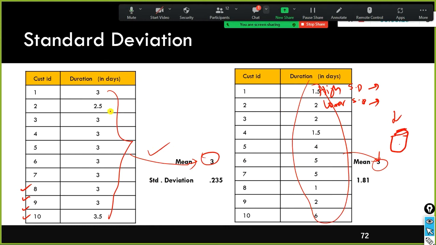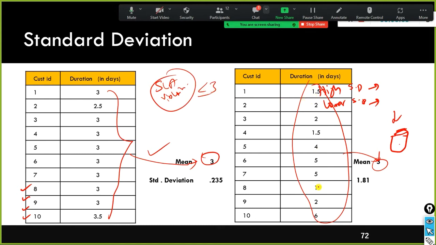Are these two courier companies delivering the items on time always? Both these shipping companies, we don't see any SLA violation. SLA violation means they are delivering on or before 3 days.